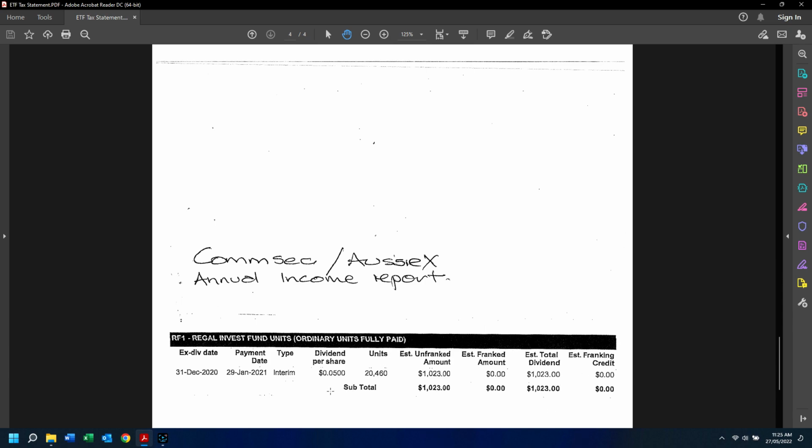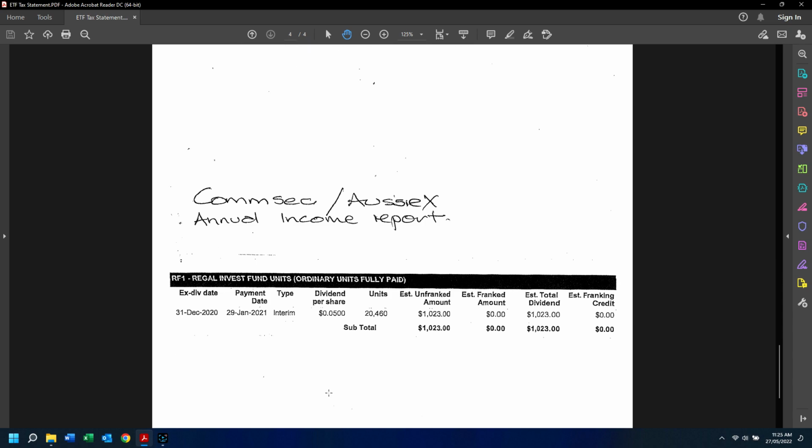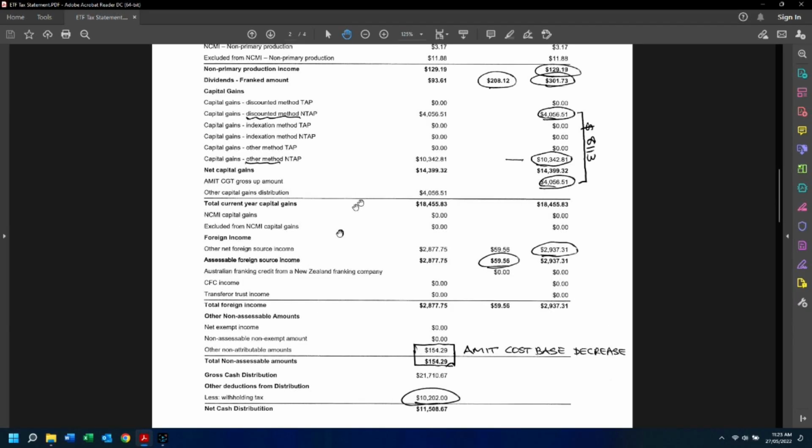Then I'll flick over to another CommSec Australian Securities Exchange summary page, and this gives you the example of why you can't just pick the numbers out of the exchange report, because if we looked at it and asked what was the Regal income for the year, it says 1,023 is unfranked. No mention of franking credits, no mention of the withholding tax, no mention of anything else. So you see, the numbers aren't right. This is why you can't rely for certain investments on your broker reports.